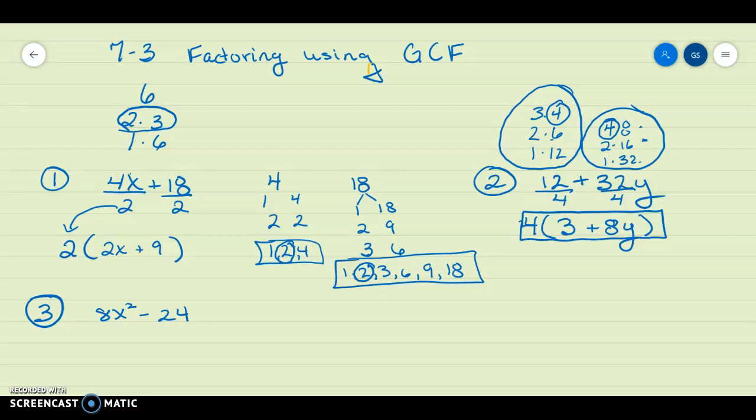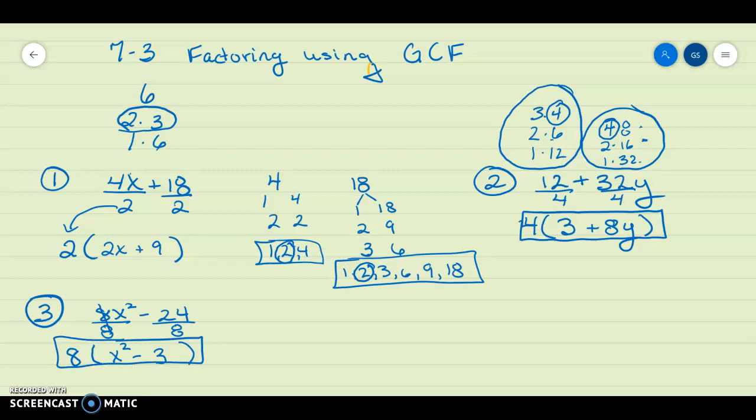And 8 does go into 24 3 times, so I know that my greatest common factor is 8. Therefore, I'm going to divide by 8 on both sides. I'm going to write 8 on the outside of a parentheses, and we get x squared minus, well, 24 divided by 8 is 3. And that is your answer.